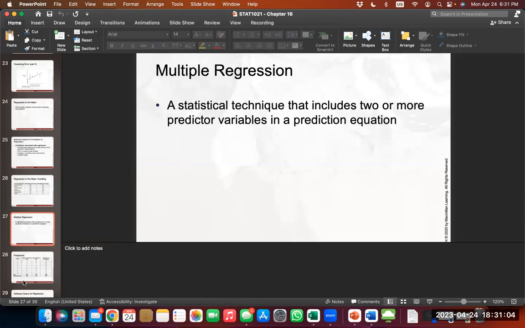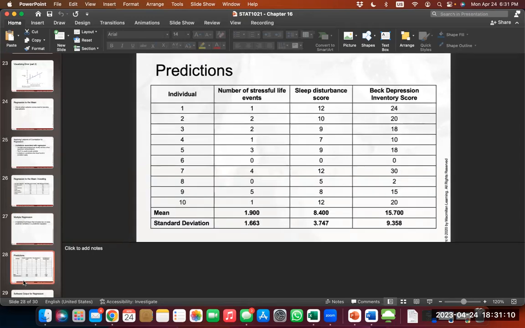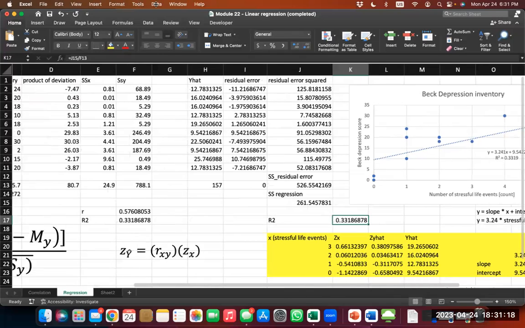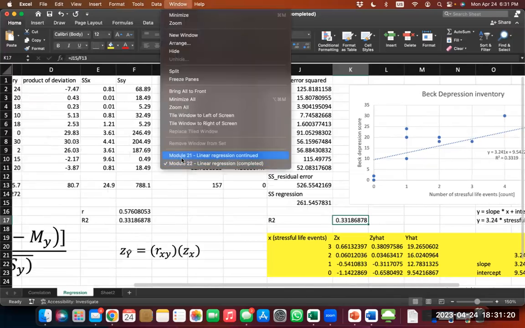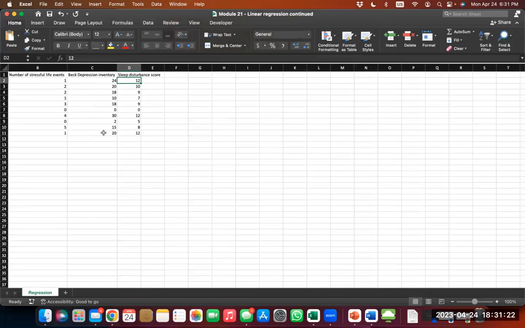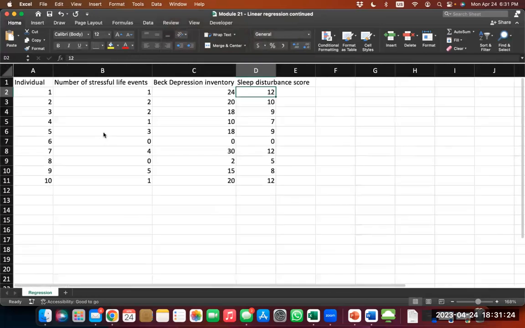That is essentially allowing you to be more accurate in your prediction and utilize it in a more accurate way. So for this reason, we have an additional data series. For these 10 individuals, we now also have a sleep disturbance score.